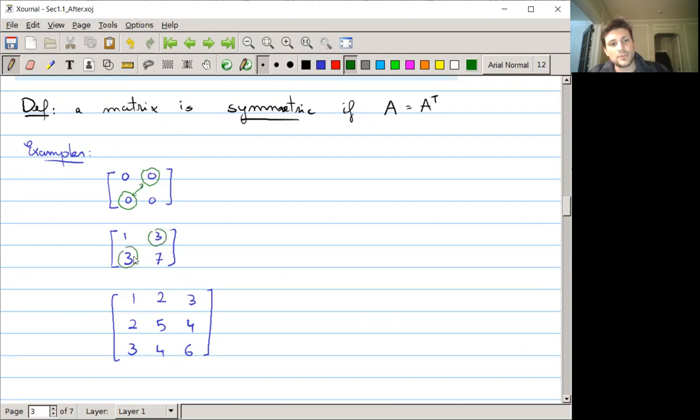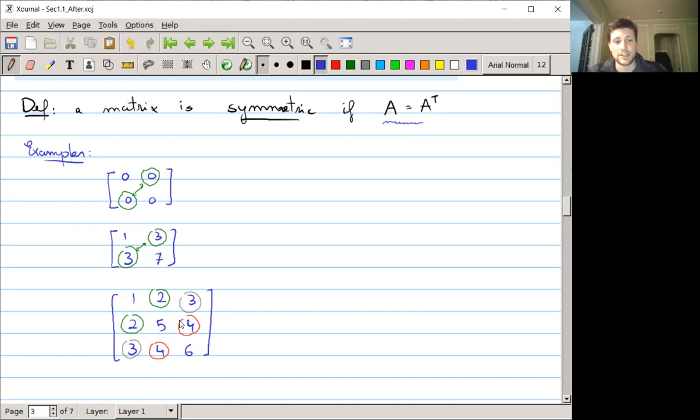It will switch these 2 entries in this case here, and here it will just send the first row, second column to the second row, first column entry. So it will match up the 2 with the 2, the 3 with the 3 over here, and 4 with a 4.